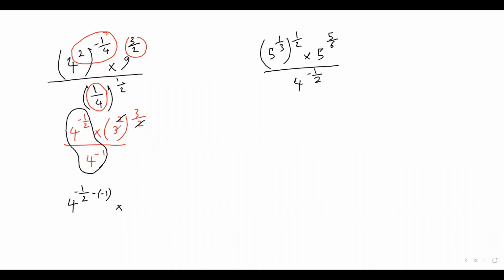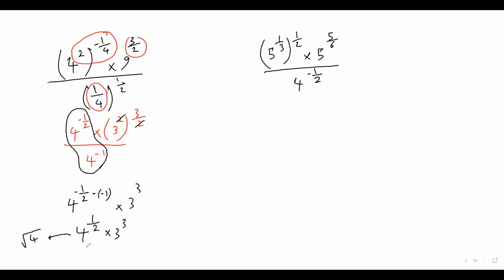And this whole thing times 3 to the power of 3, right? And then this guy right here is negative half plus 1, which is plus half. So 4 raised to the power of half, which is the same thing as the square root of 4, right? These two are the same, times 3 to the power of 3.